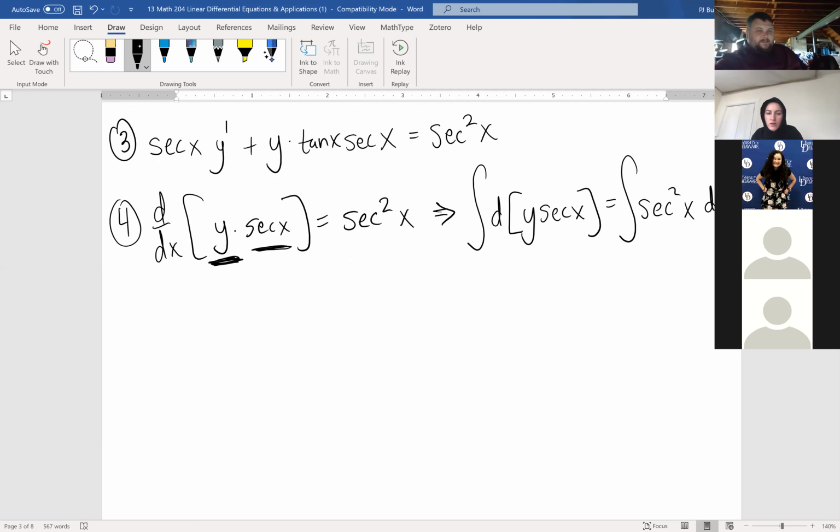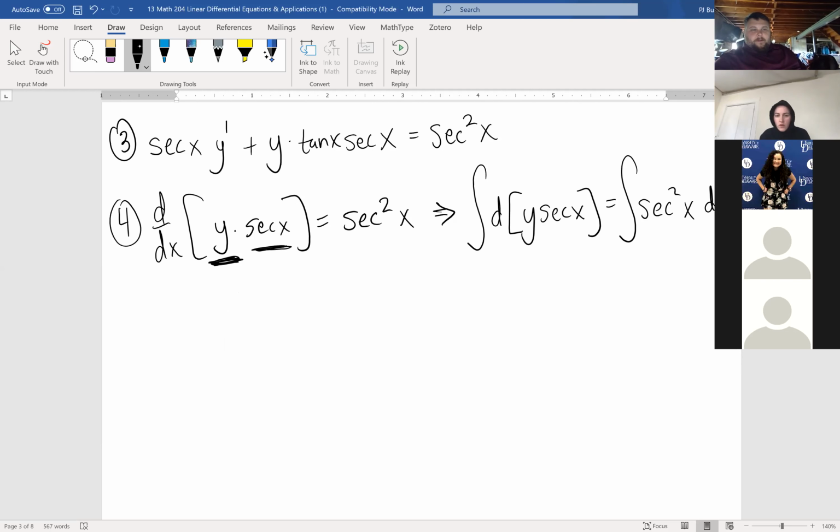So it's always going to be y times mu, or if it was some other variable times mu, whatever the differential equation is over. And then I just expand it to prove that it still works. Right, so basically I go backwards.